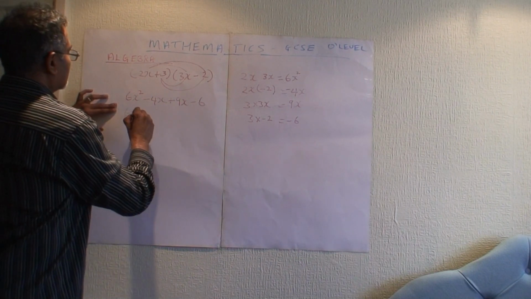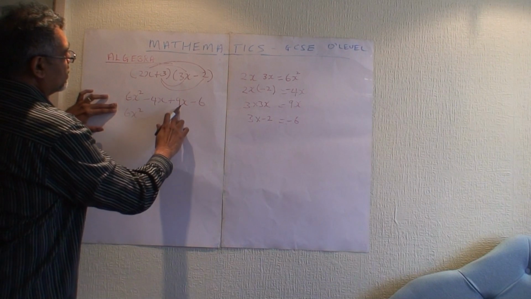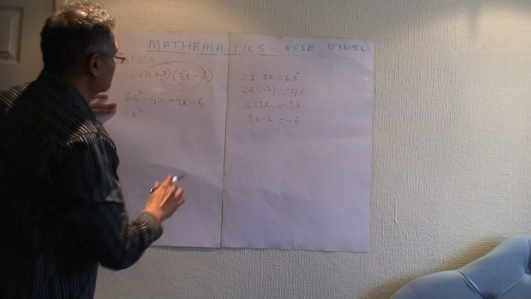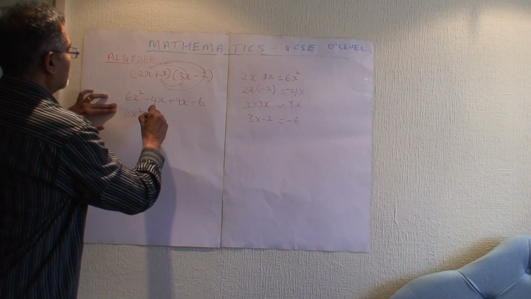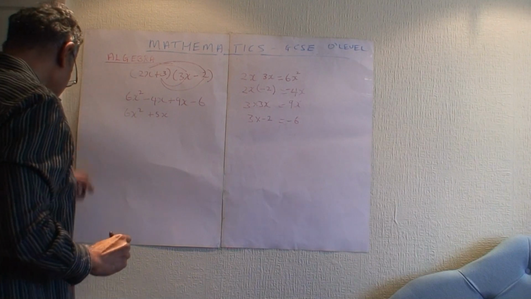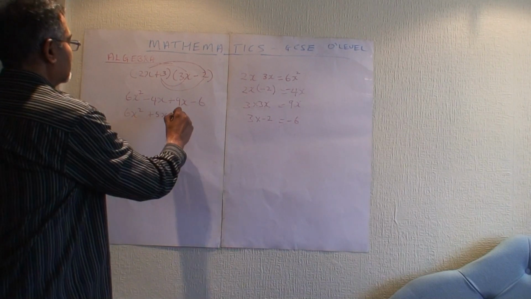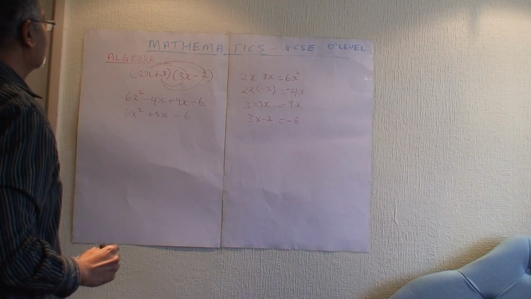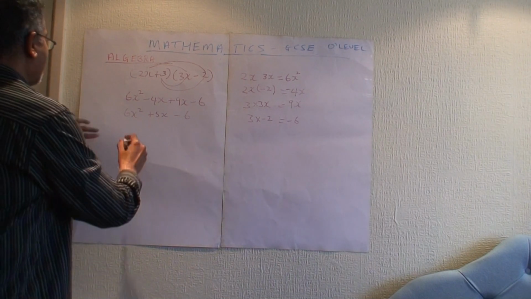So 6x squared, minus 4x plus 9x gives you plus 5x, minus 6.